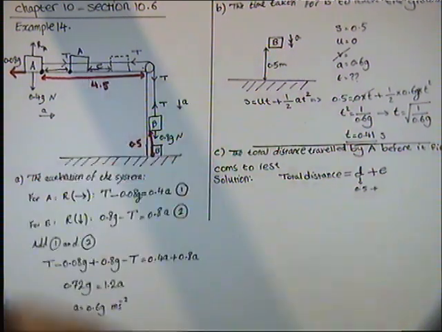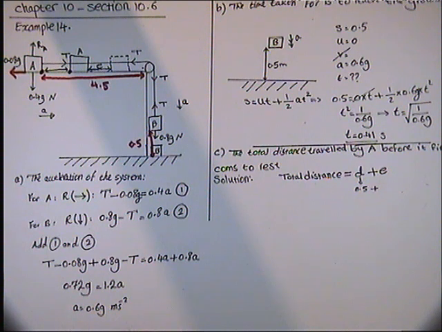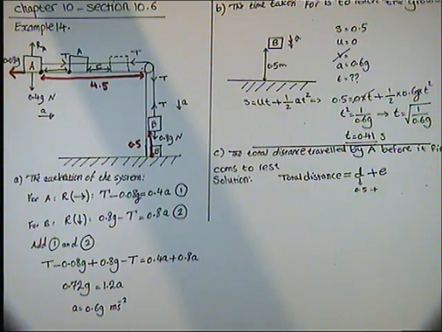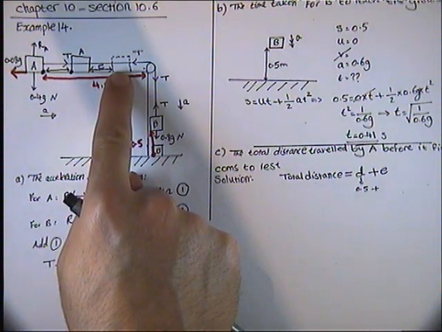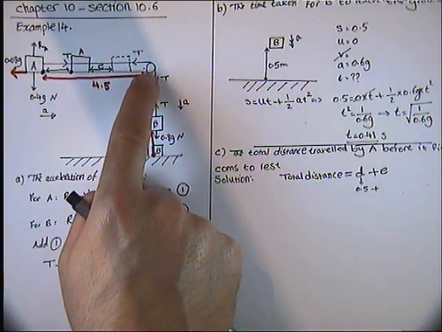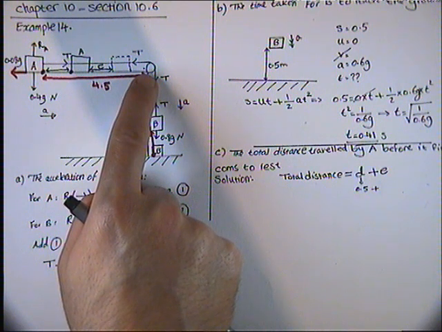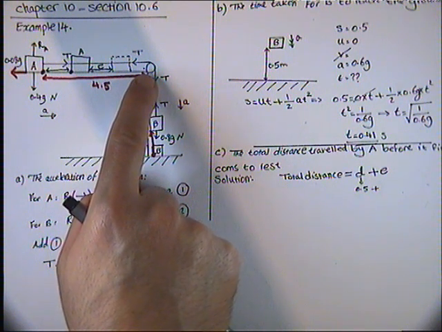To work out the distance E, we should know the initial velocity for A. The final velocity obviously will be 0. It will stop here, or it could even stop next to the pulley. However, the final velocity is 0.